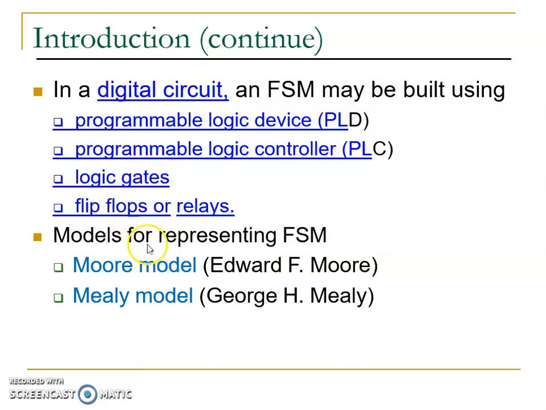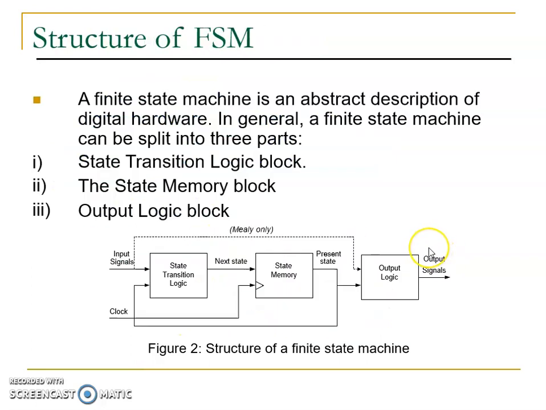As I said before, models for representing FSM have two models. First is the Moore model, and second is the Mealy model. Okay, structure of FSM. A finite state machine is an abstract description of digital hardware.